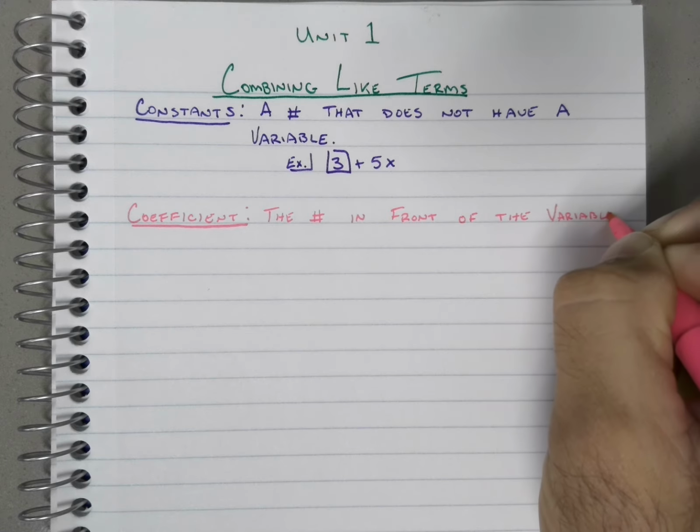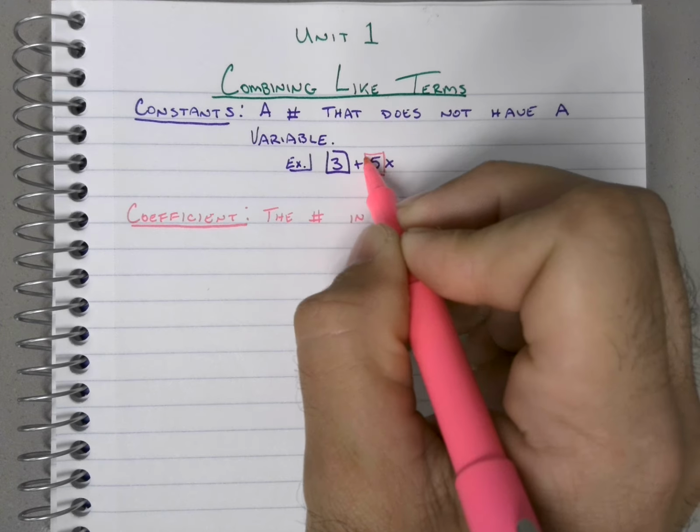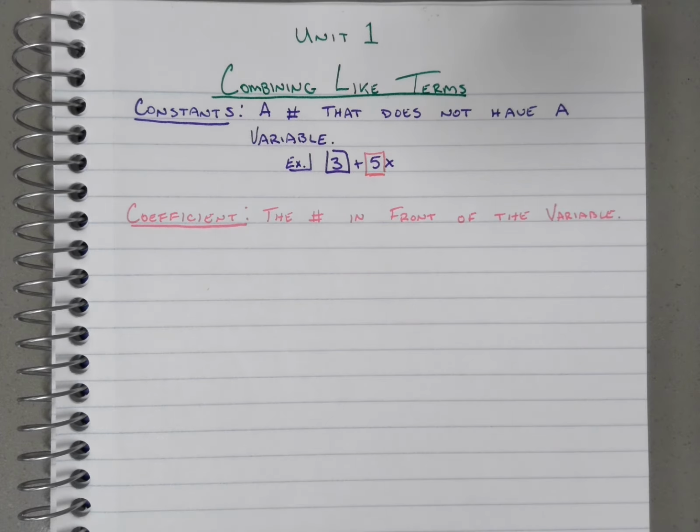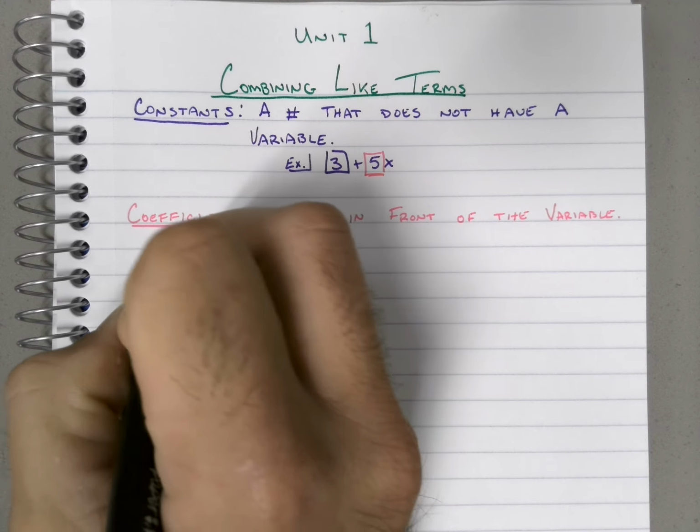So, for example, just like this example here, my coefficient here would be 5. There's the variable, the number in front of it is 5. Okay, so make sure we know these terms because when we start doing examples, I'm going to refer back to these terms.